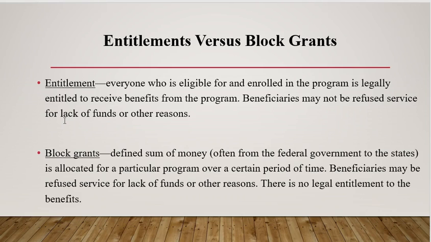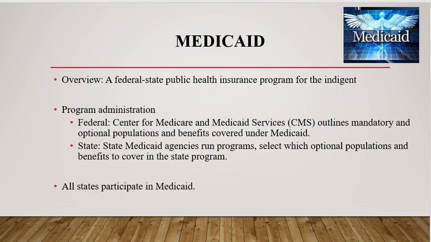And the second term on the slide is block grants, which is the defined sum of money, often from the federal government to the states, that's allocated for a particular program over a certain period of time. So beneficiaries may be refused service for lack of funds or other reasons, so there's no legal entitlement to the benefits. Now the next slide, we begin covering Medicaid.